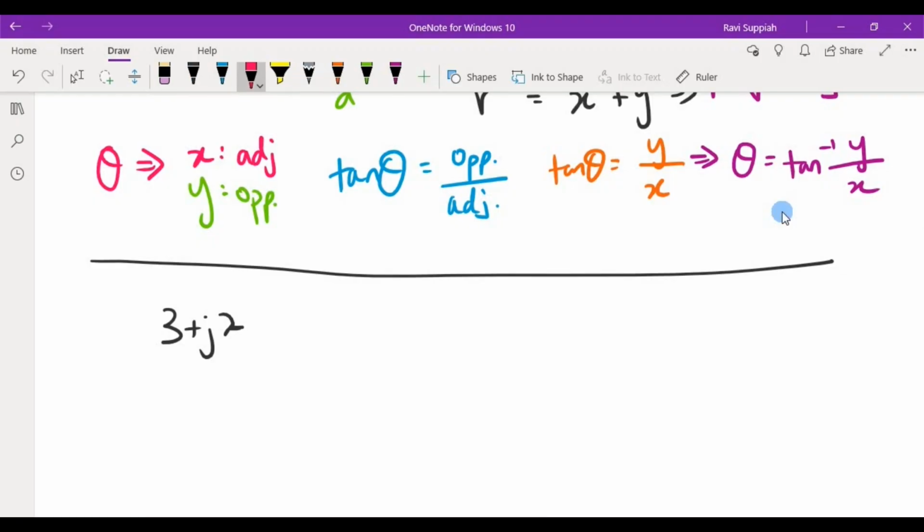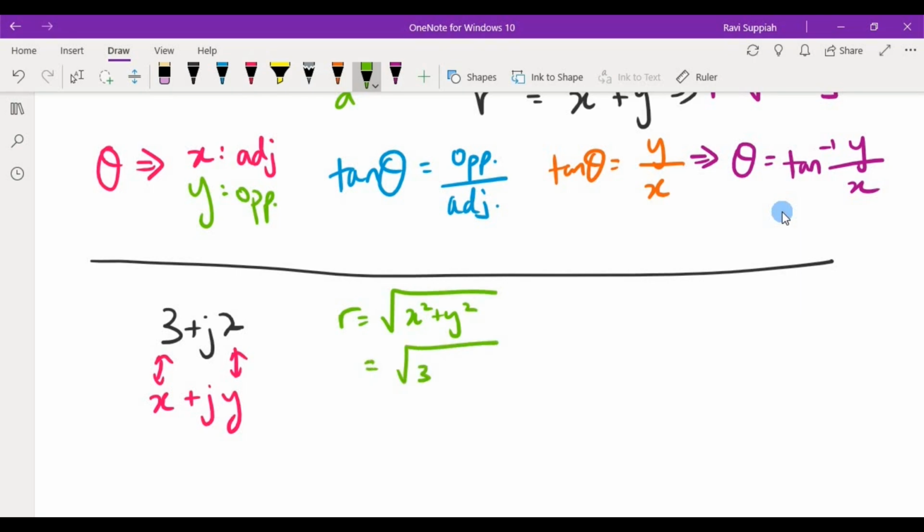If we relate it back to our generic expression x plus jy, x is 3 and y is 2. From there you can find your r. We saw that r is the square root of x squared plus y squared, which is the square root of 3 squared plus 2 squared, which is 9 plus 4, 13.